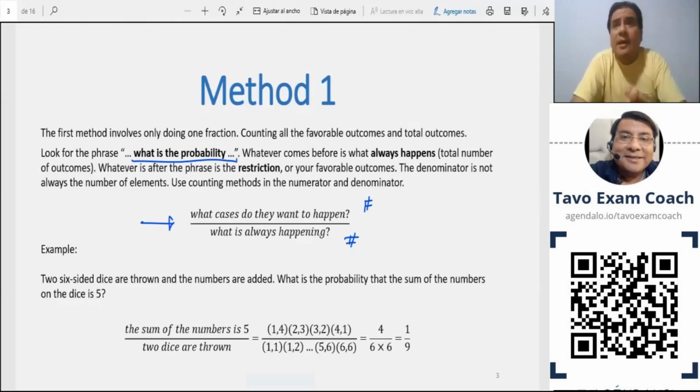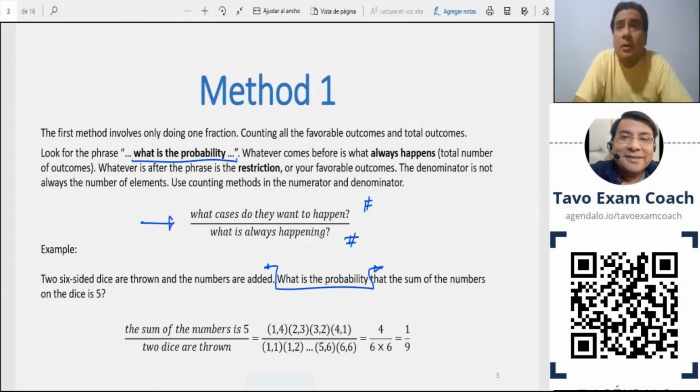Two six-sided dice are thrown and the numbers are added. What's the probability that the sum of the numbers on the dice is 5? Well, first we identify our pivot phrase. What is the probability? So we should check out what comes before and after that phrase.